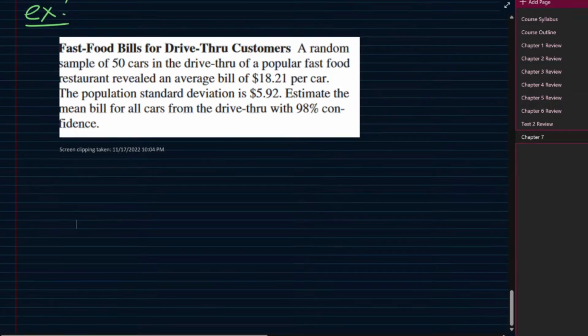So we've got a random sample of 50 cars. That's our n. Remember, that's the sample size, n. It revealed that the average bill was $18.21. That was the sample mean, right? The mean of this sample that had 50 cars in it, $18.21.